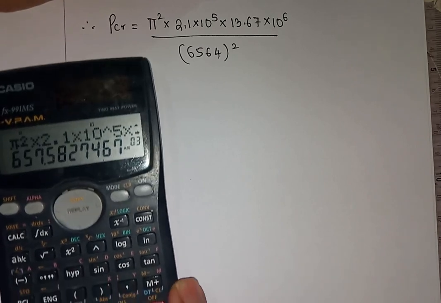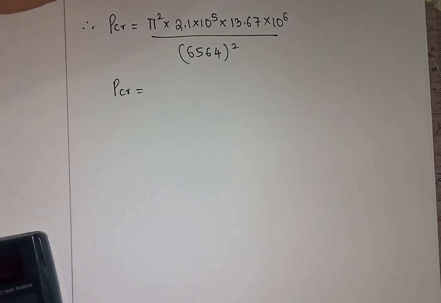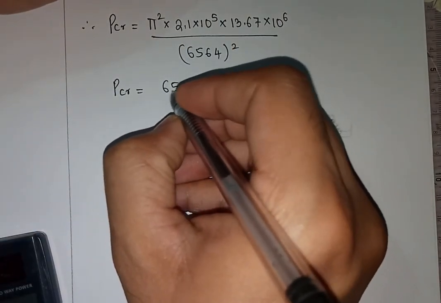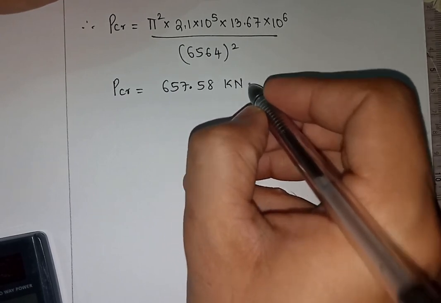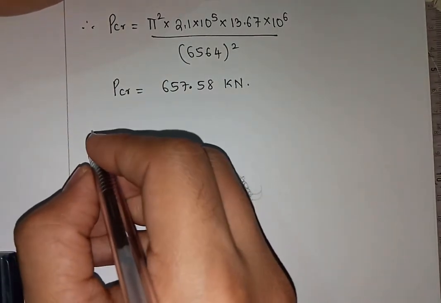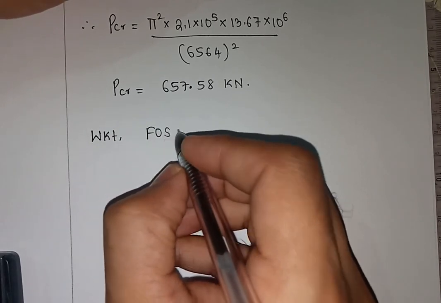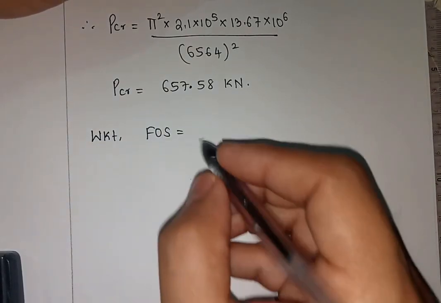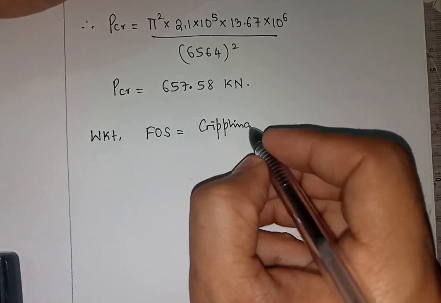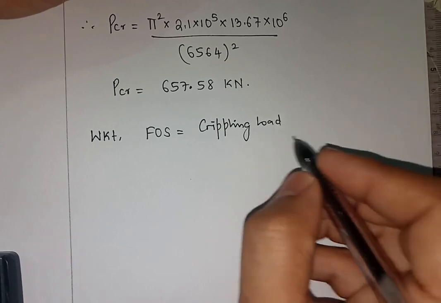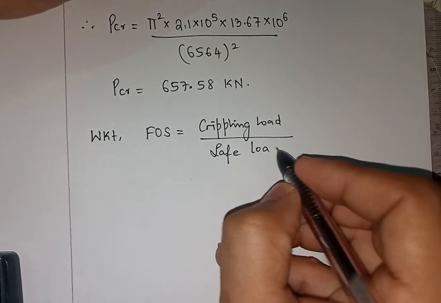It is into 10 raised to 3, right? 657.58 kilonewton. Now he has asked safe load. We know that factor of safety is equal to crippling load divided by safe load.